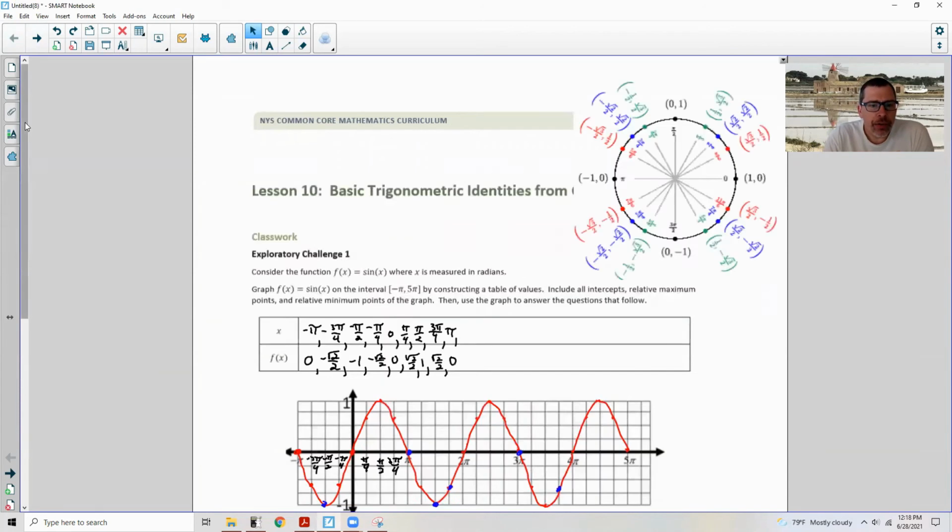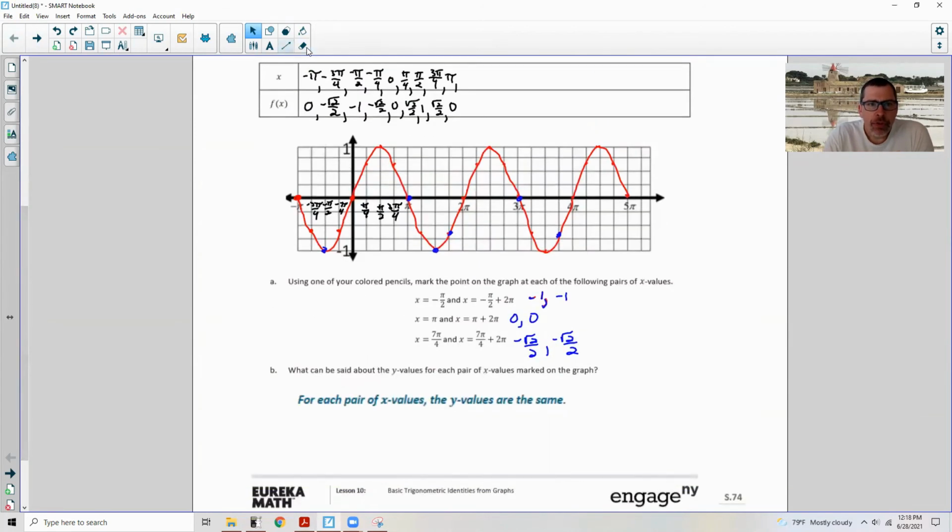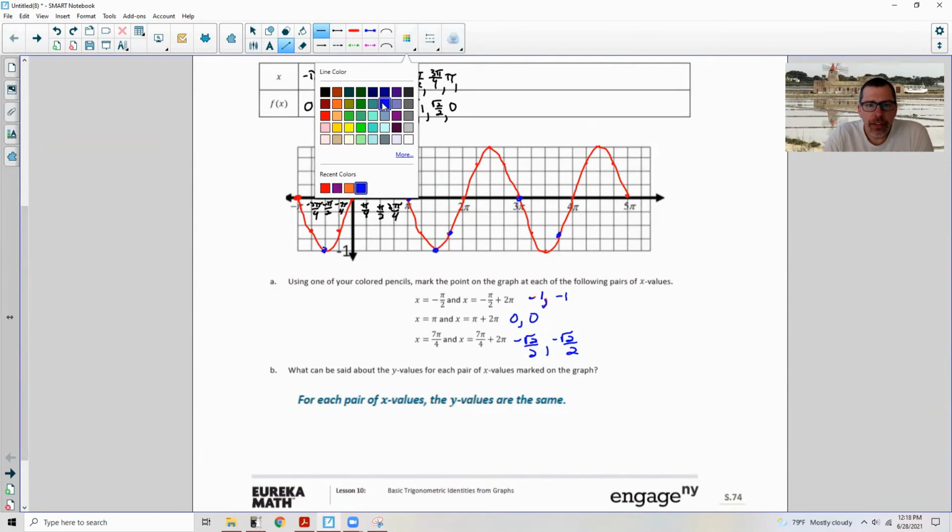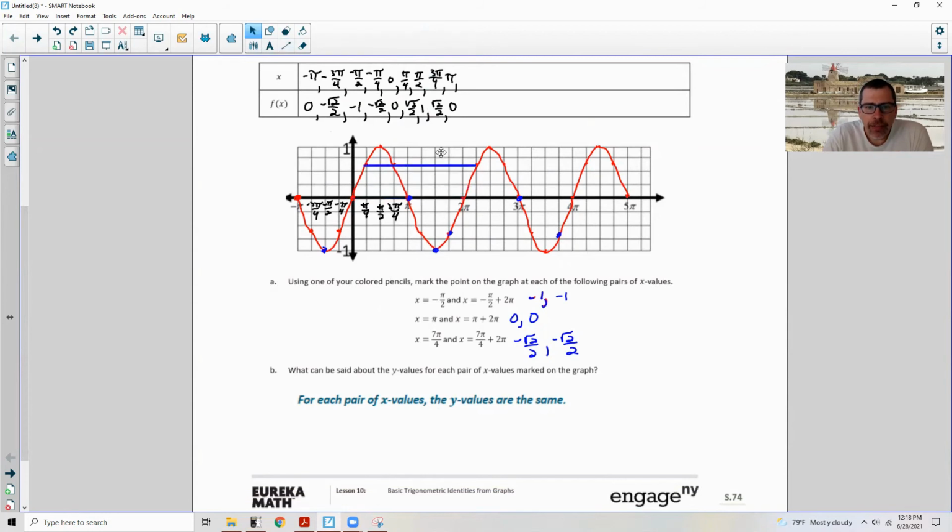Well, let's go back to that graph. And I'm going to draw a line segment that is of length, you guessed it, 2 pi. So if I start at 2 pi right here and bring it back to the origin, that is a distance of 2 pi. And then if I take this and put it at the top here, okay, actually it's a little bit too long.